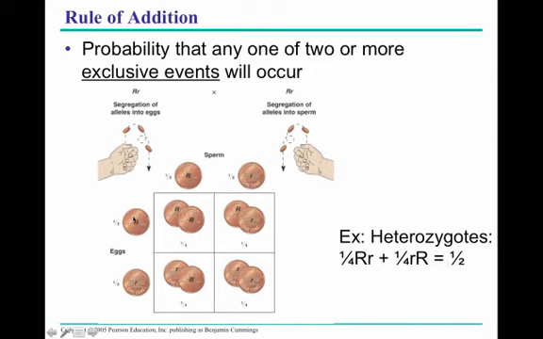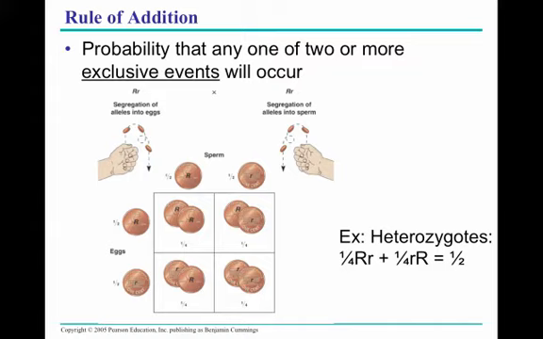We did the rule of multiplication here to get our offspring genotypes. And we do the rule of addition if we have more than one type of genotype that is the same, for instance here for heterozygote, or more than one genotype that produces a particular phenotype, as we'll see in our examples for multi-hybrid crosses.